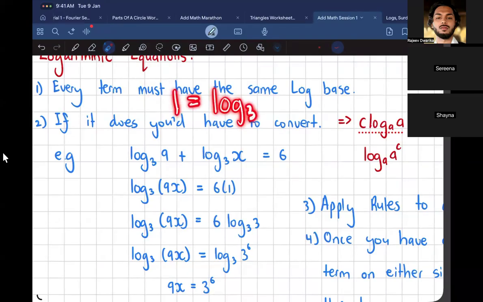Where does the 1 come from? Log base 3 what? Times 1.